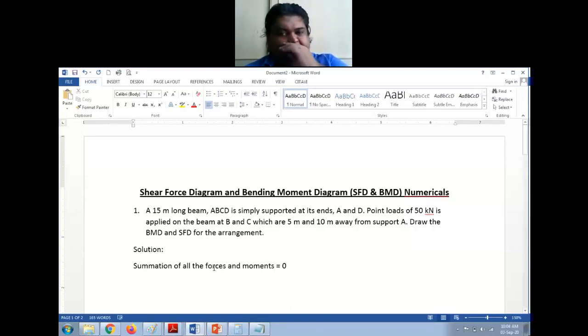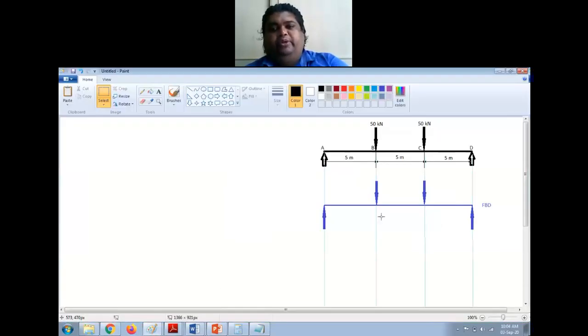These two conditions are the requirement for the beam to be in equilibrium, otherwise it will not be in equilibrium, correct?